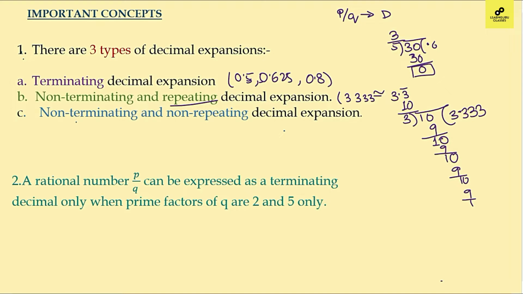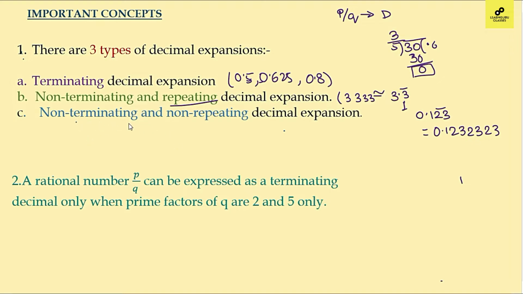Another example, let us take 0.123 with the bar over 23. What does it indicate? 1 2 3 2 3 2 3. So 2 3 occurs periodically, in repetition. So it is called a non-terminating and repeating decimal expansion.